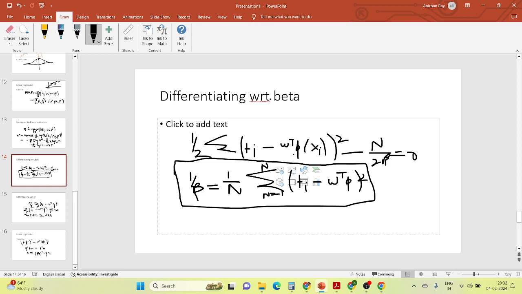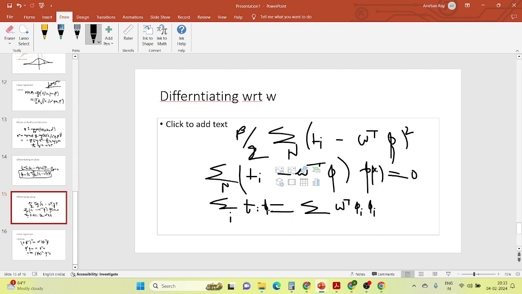But the most important thing here that we need to find is the W. These W's are the parameters that we need to find, the parameters of the curve.